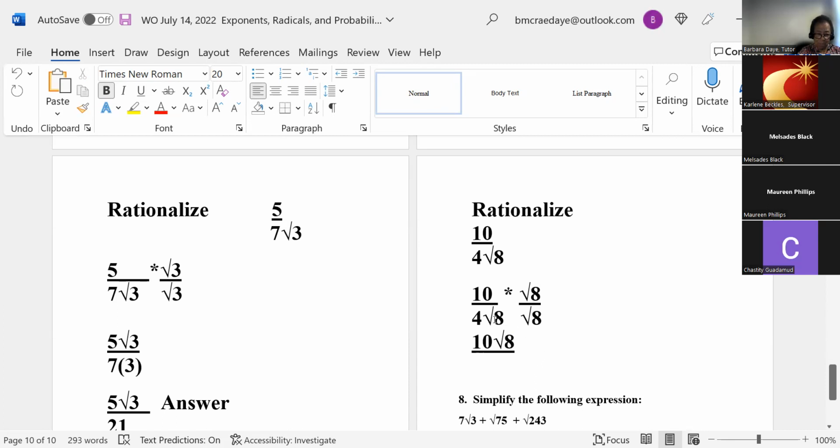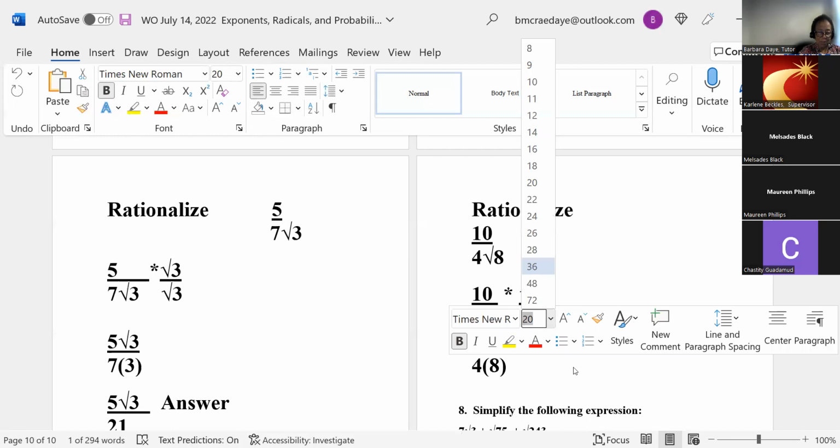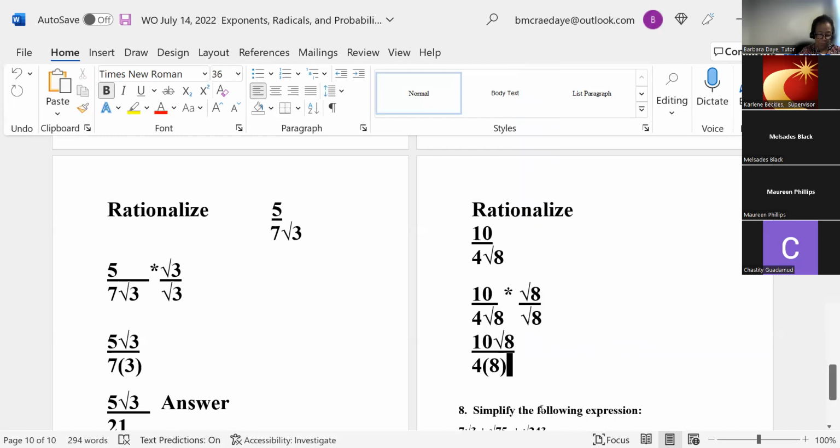No, square root of 8 times itself gives you the radicand. What is the radicand? 8. Yeah, this would just be 8. Right? So 4 times 8 is 32. Okay, so let's just see if it's simplified.